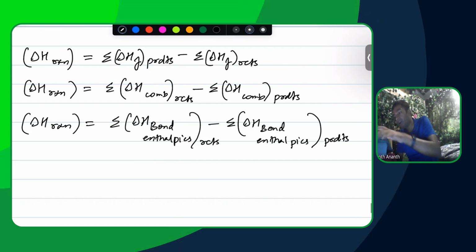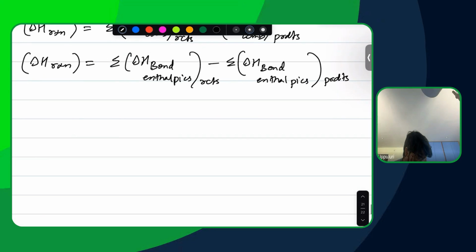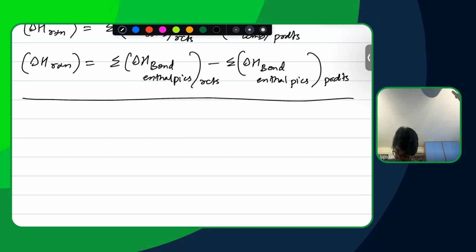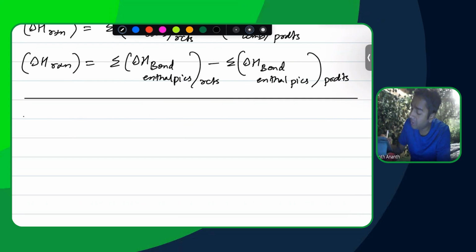Now, a couple more definitions. The next definition has to do with neutralization.